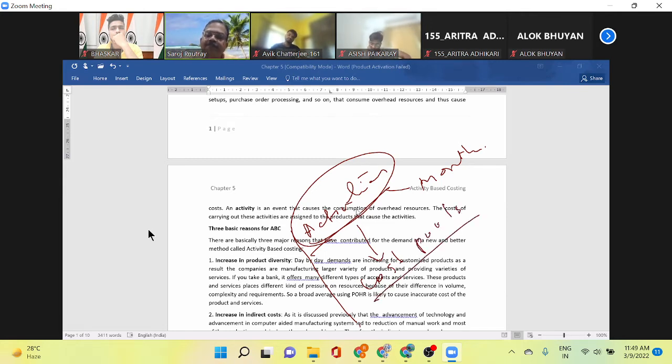And then identify the cost driver or activity driver. These things take a lot of time. But many companies are going for it. Large scale, big companies are going for it because they understand the benefit of using this better method of costing.